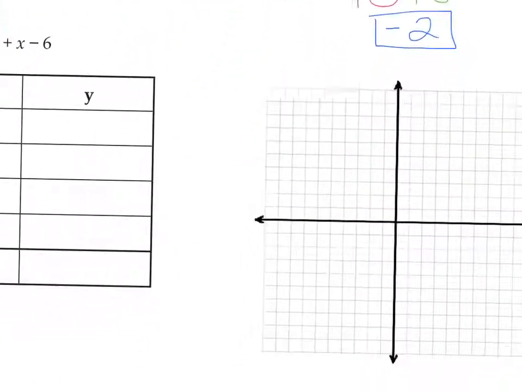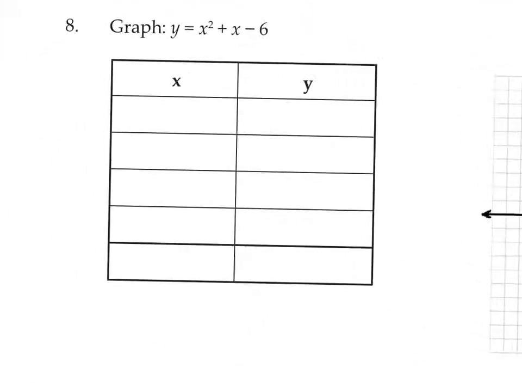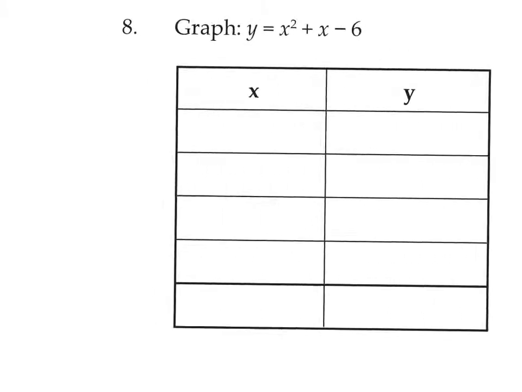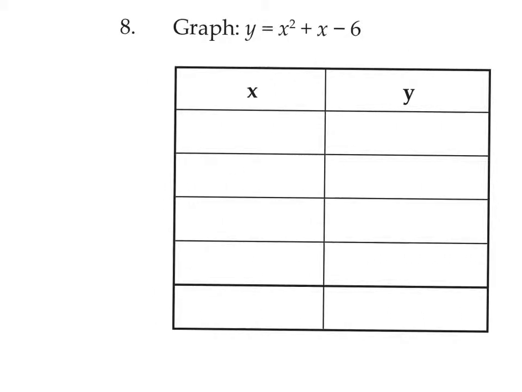Okay, we have one practice graph down here of a nonlinear equation. If you watch the lesson, you should already know what shape this will turn out to be because of the square here. So we're going to choose some values for x. Let's choose 0, 1, negative 1, 2, negative 2. I hope those turn out to be okay.